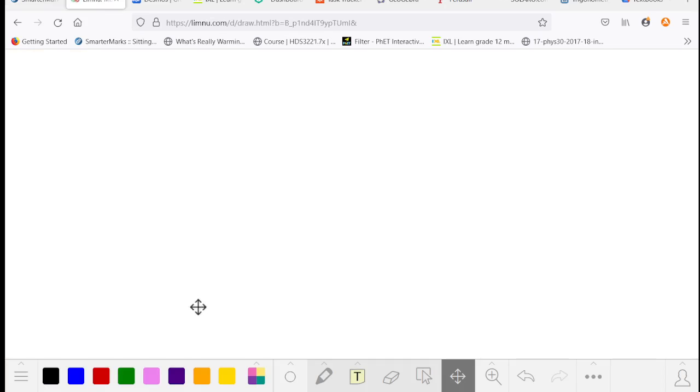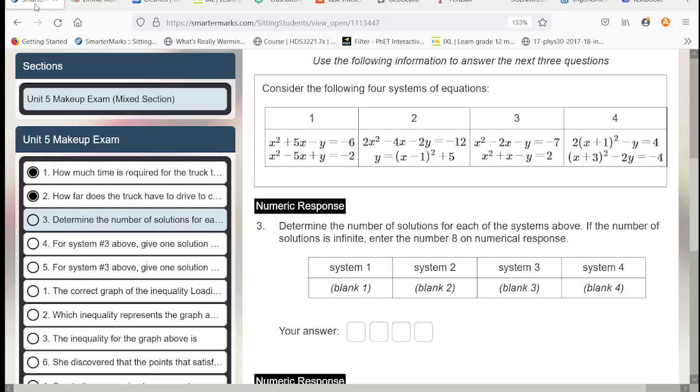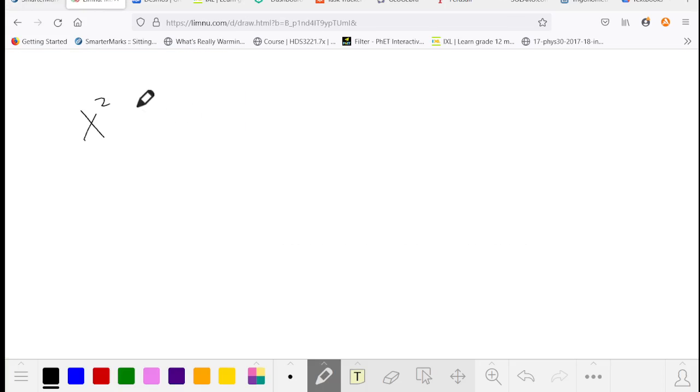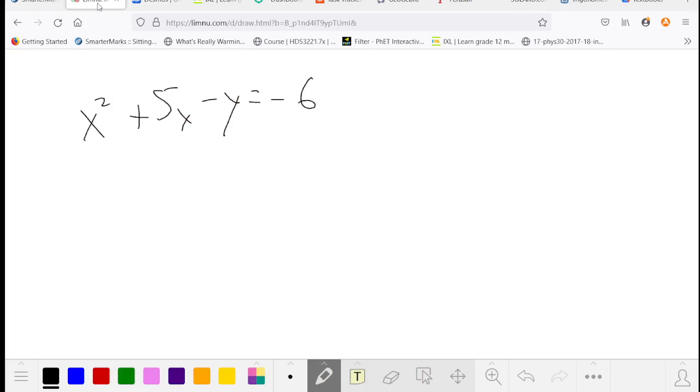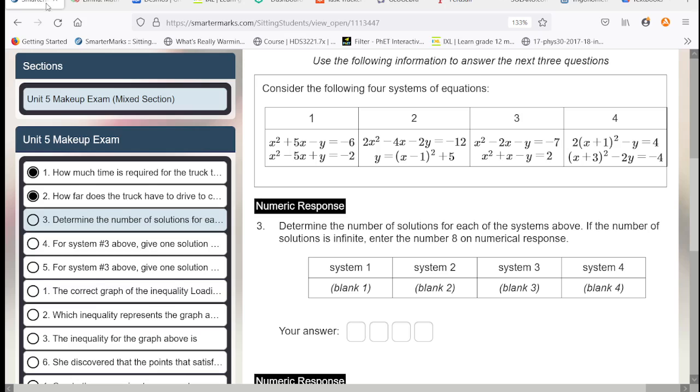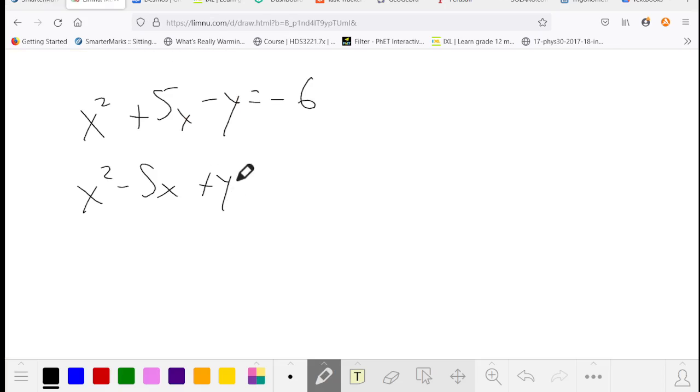So in our first one, we have x squared plus 5x minus y equals a negative 6. And here x squared minus 5x plus y equals negative 2.